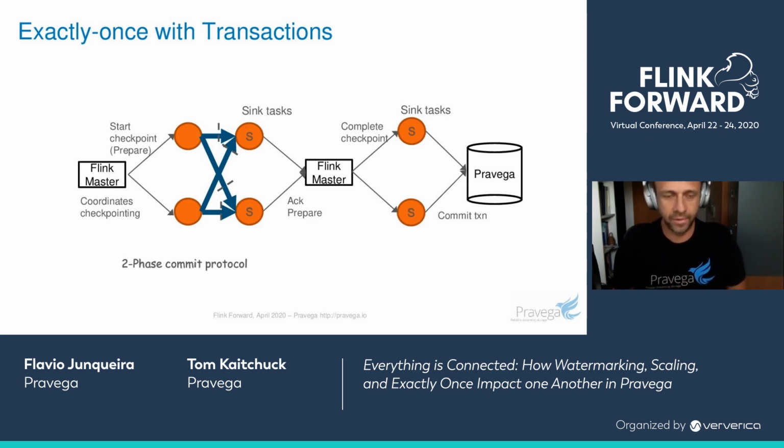That's the point at which the data becomes visible on the output Pravega stream, and that's the two-phase commit protocol that's implemented as part of the Flink checkpointing mechanism, and that we combine with this Pravega checkpointing that is needed so that the source also satisfies the required properties.